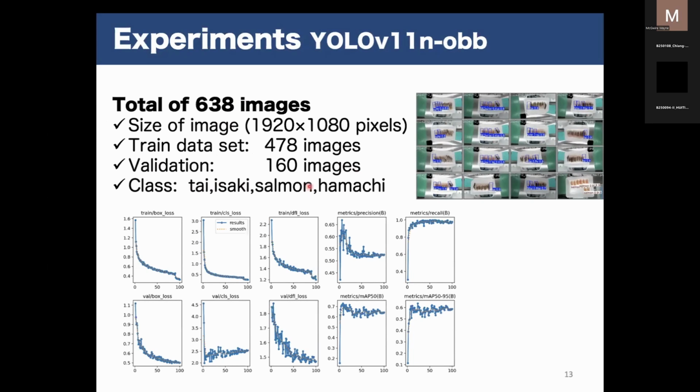And we used 478 images for training and 160 for validation. This multi-class detection task allows the model to generalize across various fish species while still measuring size accurately.